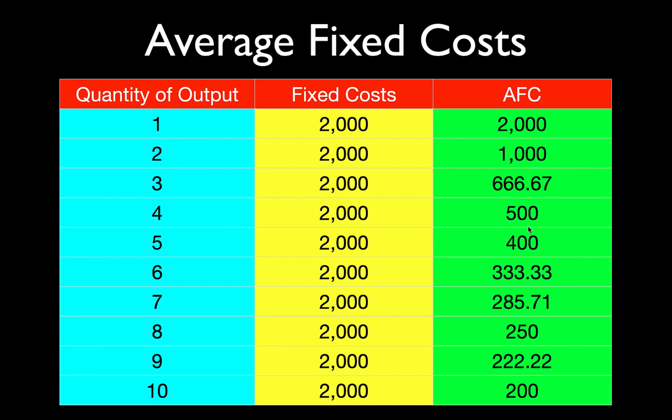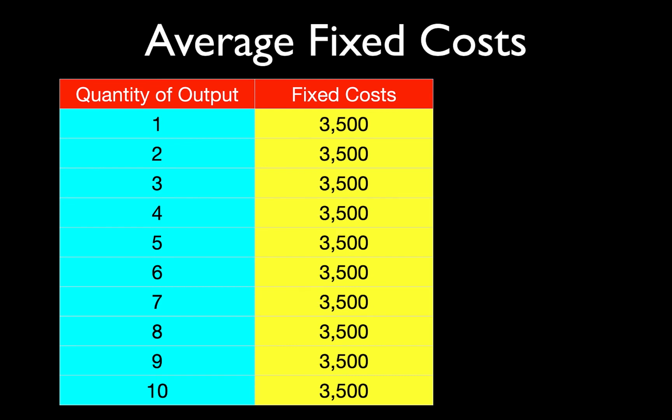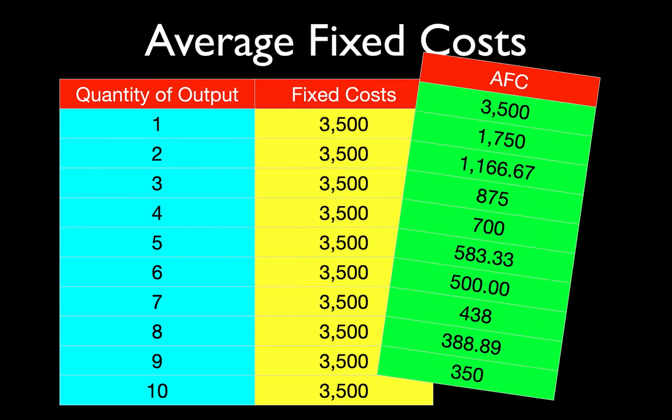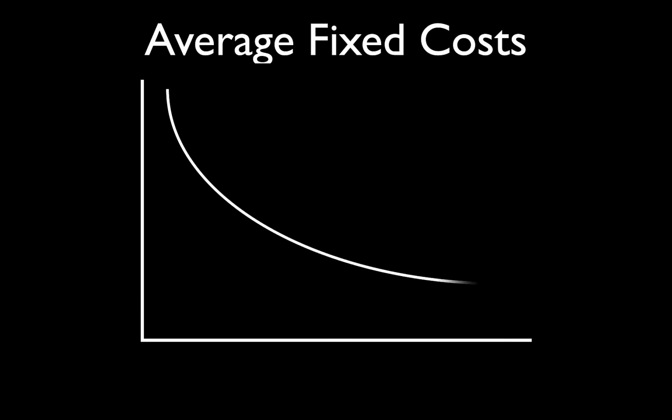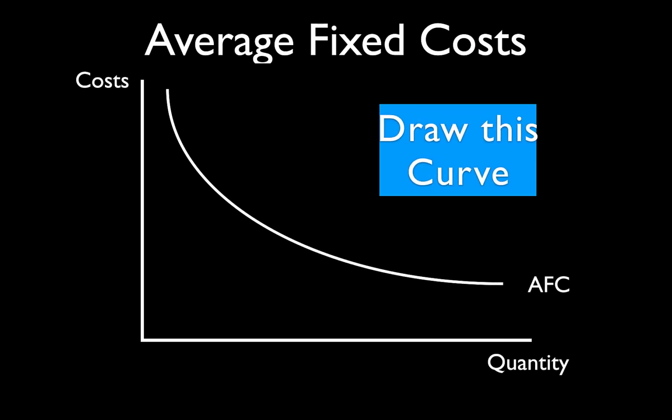The amount that average cost is falling as you add each marginal unit, as you produce one extra unit, is reducing. So please do keep that in mind, okay? That's something as well that I want you to see here. So as I said, I hope you just pause the video, draw that curve, and when you're ready, press play and we'll move on.